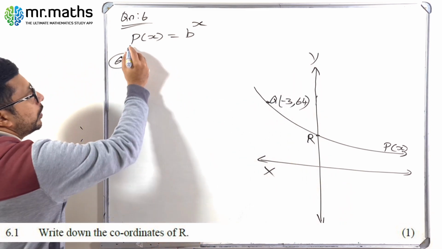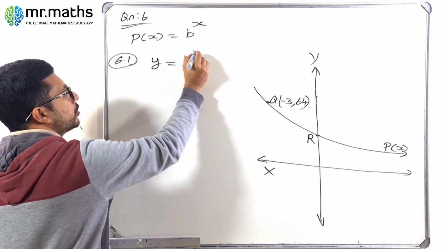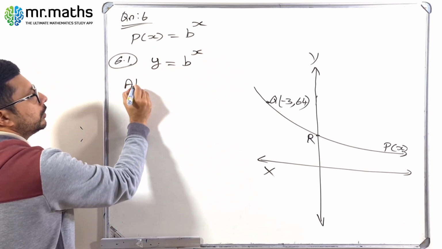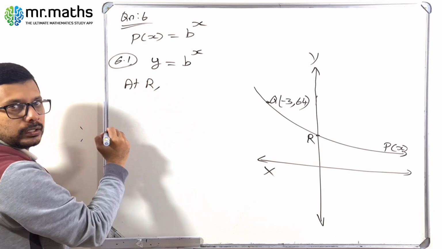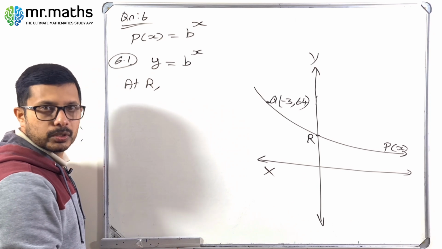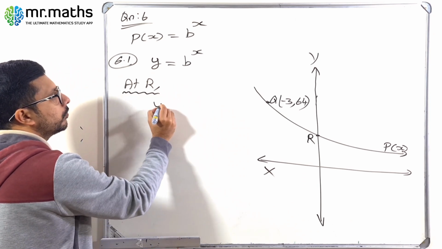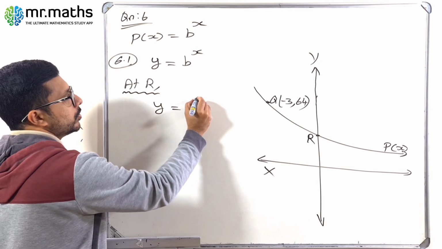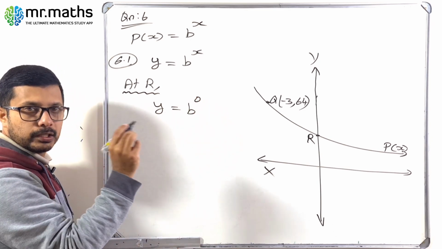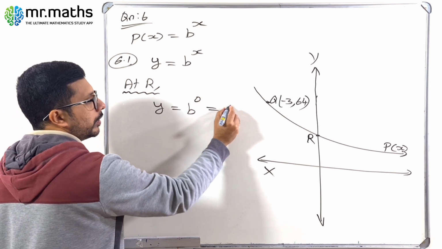Now let me write this: p(x), the same as the y function, is equal to b raised to x. At the point R, this is the y-intercept, so the x value is 0. So at R, y is equal to b raised to 0. Any number raised to 0 is what? 1.